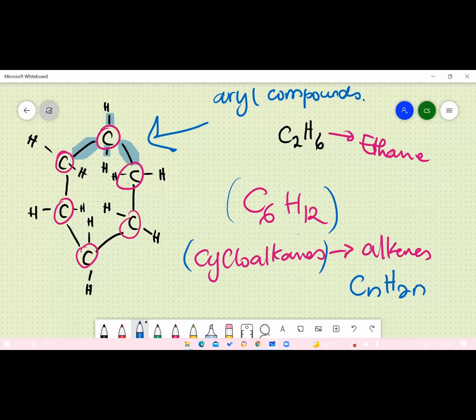So cycloalkanes have the same general formula as alkenes, which is CnH2n, where n is a positive integer.